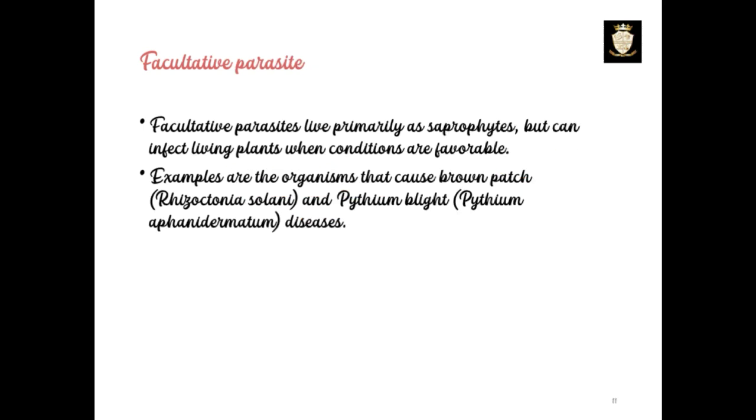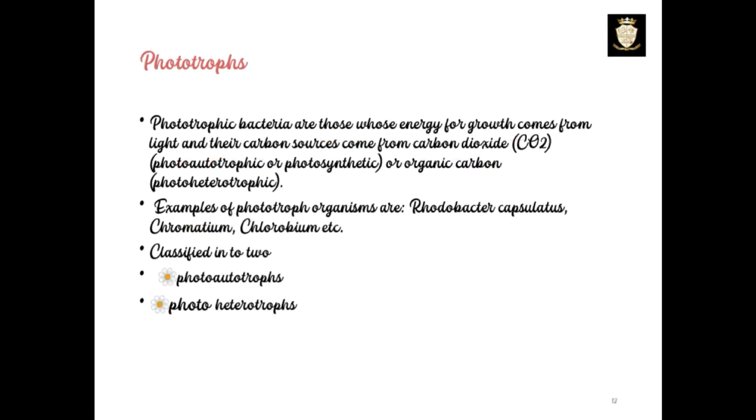And the next one, facultative parasite: they live primarily as saprophytes, but when they get a favorable condition, they infect plants. And the example is Rhizoctonia solani. Then the second classification is based on the energy source, that is phototrophs and chemotrophs.